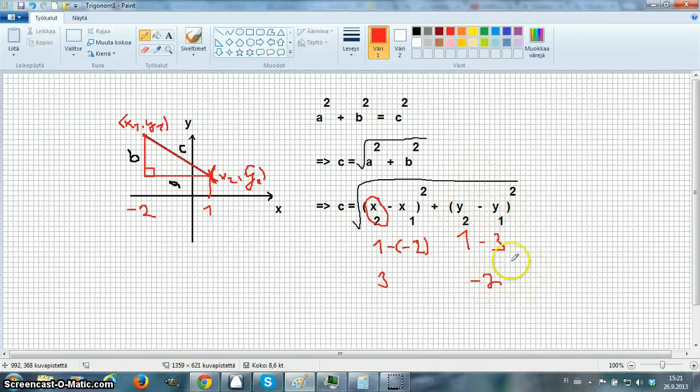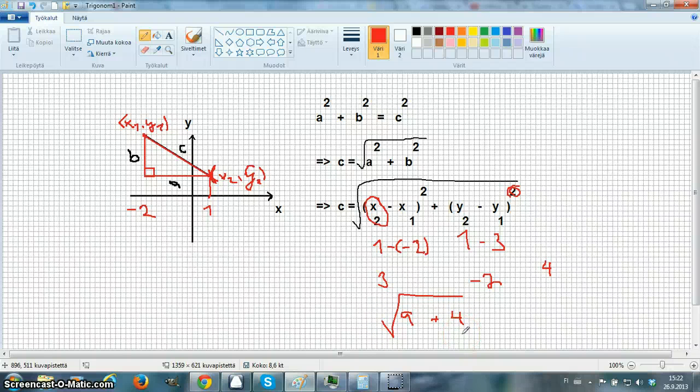But when we raise it to the power of 2, it makes 4, no matter whether it is negative or positive. So that's why it becomes 9 plus 4, to the square root.